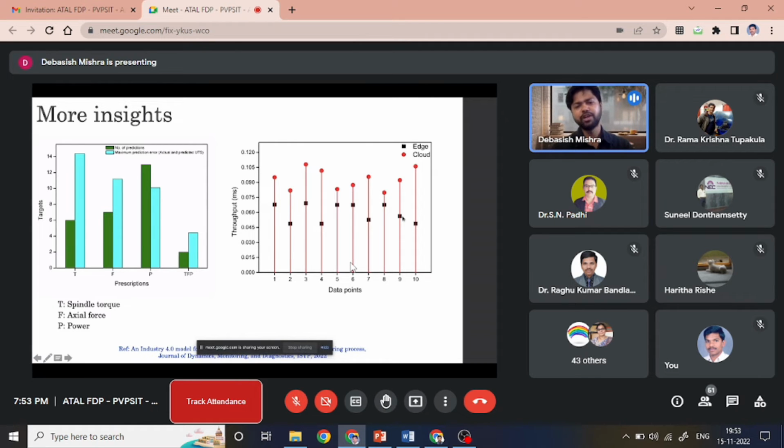We also looked into the use of both edge and cloud, because one can question that the entire thing could be done in the cloud. Why do we need an edge? This picture shows that when we were transmitting data between the edge and cloud system, it always took less time to send it to the edge than to the cloud.